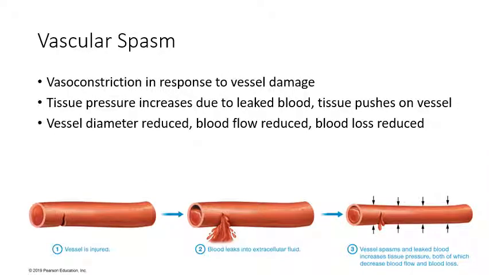Vascular spasm is just vasoconstriction in this damaged blood vessel, which means that muscles in the wall of the blood vessel are contracting. When they contract, the vessel's diameter gets smaller and the vessel constricts, and that's called vasoconstriction. So here in this image, the muscle in the blood vessel walls has contracted, and you can see that the blood vessel is getting narrower because of that.